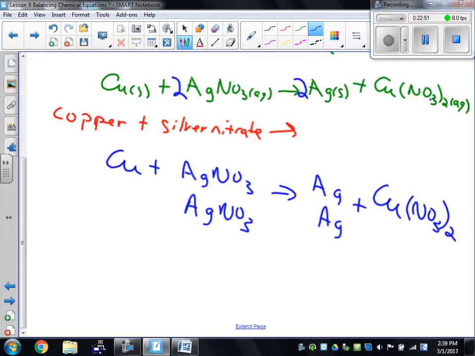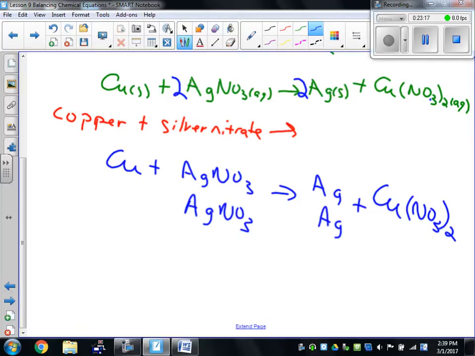Look, copper, copper, yes? Ag, there's 2 of them here, 2 of them there. 2 Ags, 2 Ags. NO3, there's 2 NO3s there. So it looks like everything works out, yes? That's something we need to keep in mind.